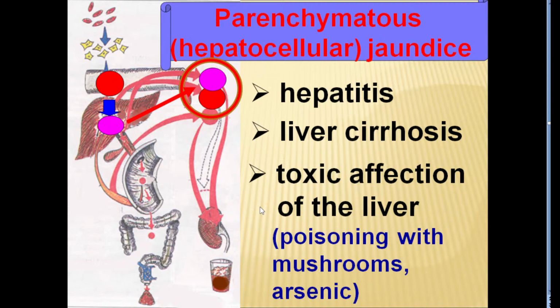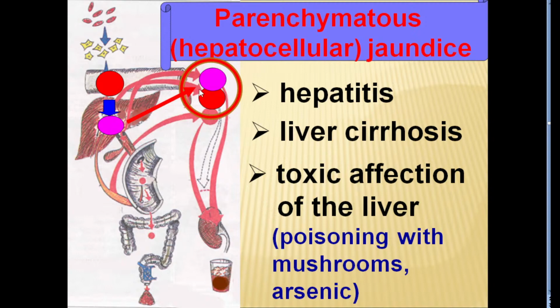And if the process of destruction of hepatocytes increases, the activity of hepatocytes decreases, and unbound bilirubin also cannot be conjugated completely. What will you see? In the blood both unbound and bound bilirubin increase. Sometimes bound bilirubin prevails.